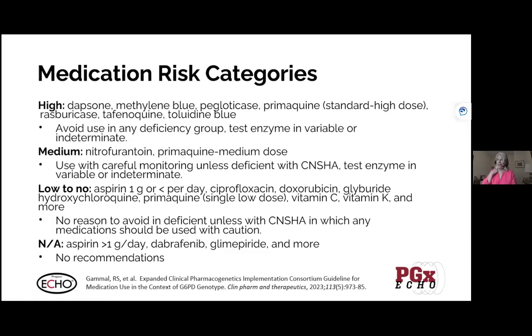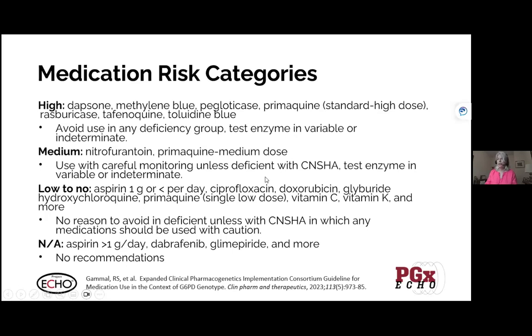So the medication risk categories are medium, high, and low to no, and NA. NA ones are ones where there's not sufficient evidence or there's significant differences in the evidence. Low to no are ones that are mostly case reports and where there were extraneous factors like infections, and there may even have been studies to show that there's not a reason to avoid those medications.